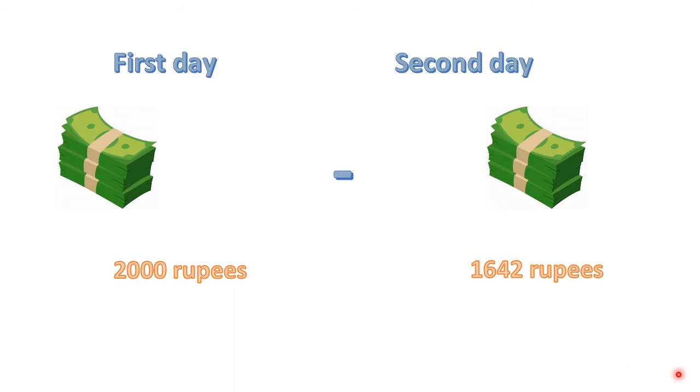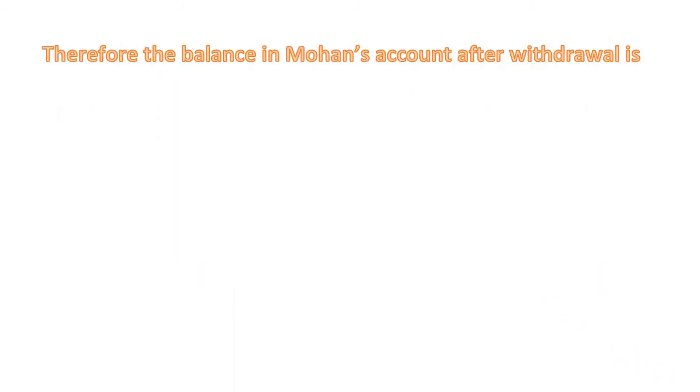Let us see. Therefore, the balance in Mohan's account after withdrawal is 2000 minus 1642 rupees. 2000 he deposited on the first day, 1642 he took out on the second day.